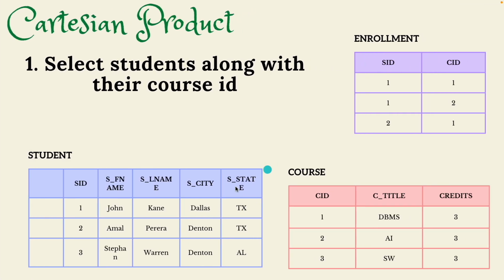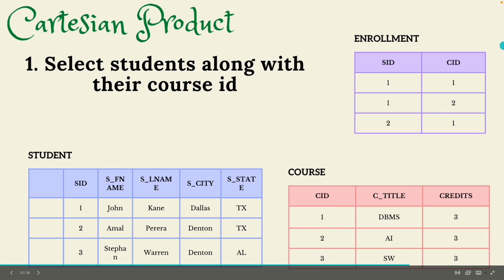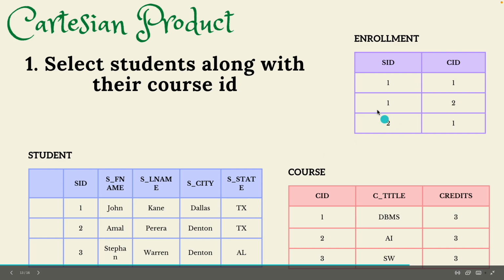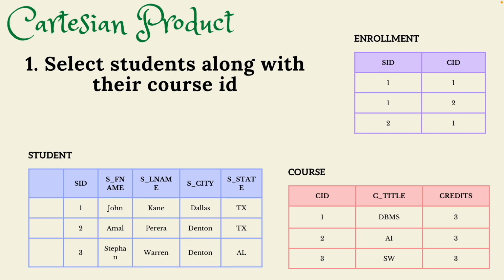For example, student ID 1 will be listed with course ID 1, course ID 2, and this one as well. This row will be listed with this one, and this one. In the final result, you will have this many number of rows into this many number of rows. For example, if we have 3 rows here and 3 rows here, 3 into 3, you will have 9 rows, 9 tuples in the resulting relation.